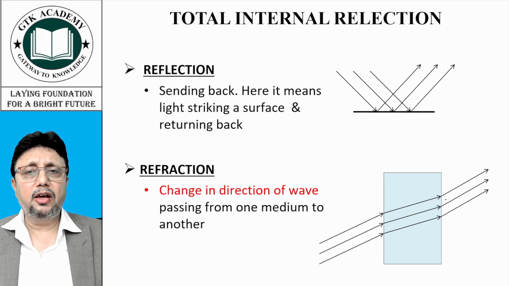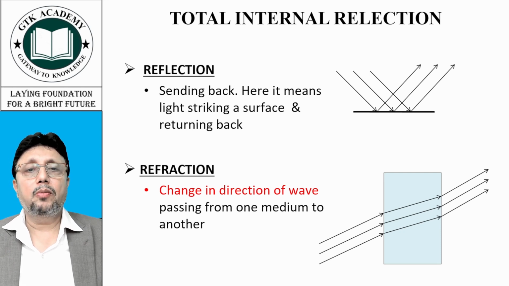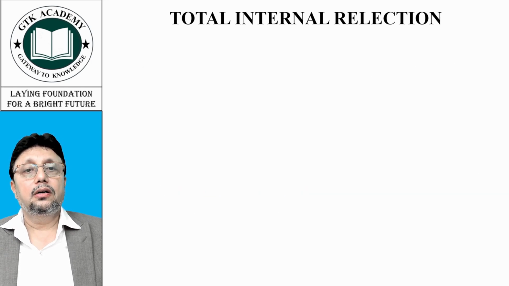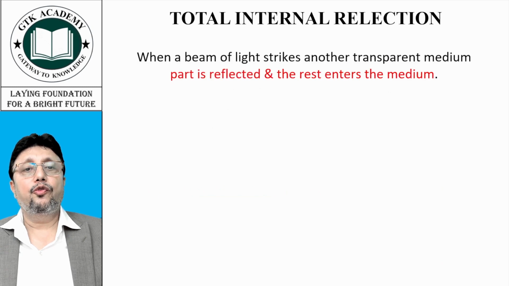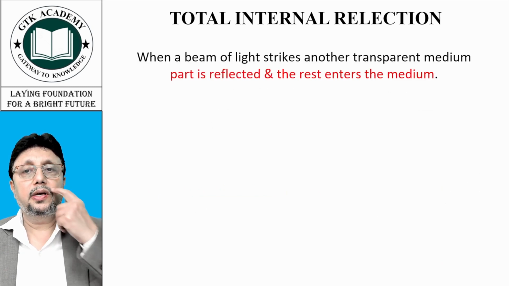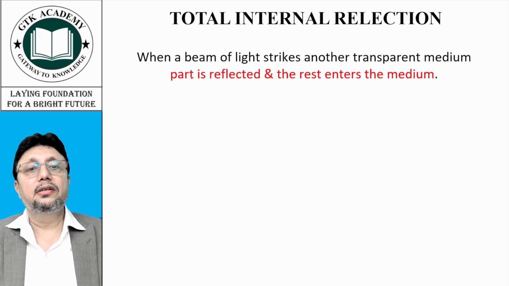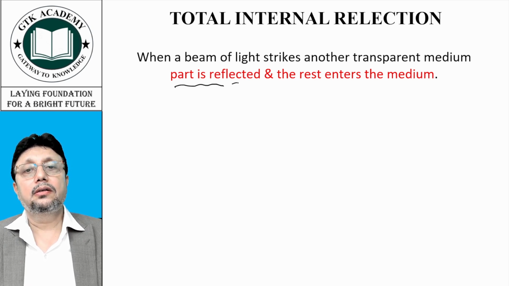Hope you all must be clear with this, because these are some of the basic things which are taught in 8th, 9th and 10th. But still, I thought it is better to refresh them. Now, when a beam of light strikes another transparent medium, a part is reflected and the rest enters the medium.